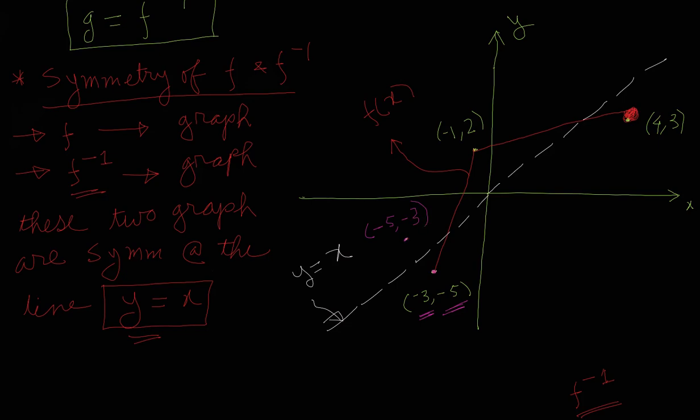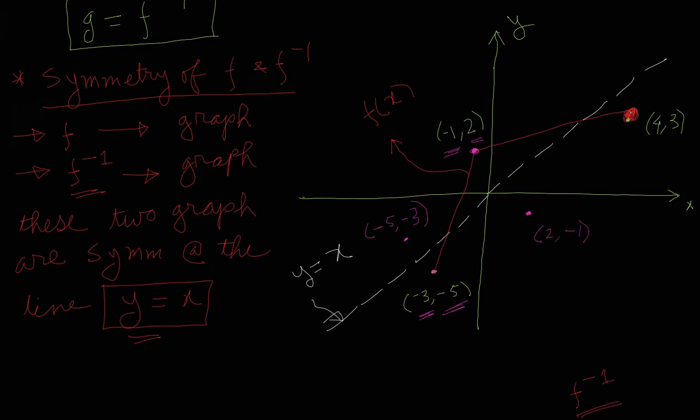So I already found the mirror image of this point. Now let us concentrate on this particular point. For this point, my x is -1 and y is 2. So for the mirror image, my x will be 2 and y will be -1. So it will be somewhere here.